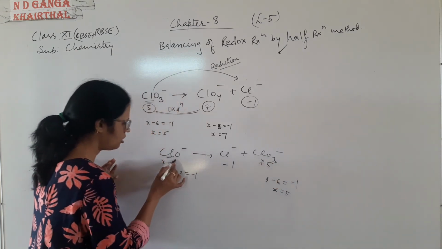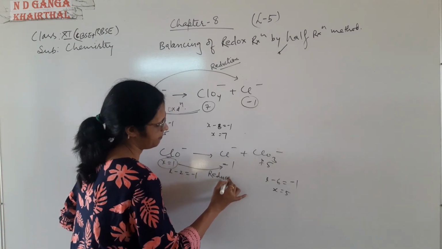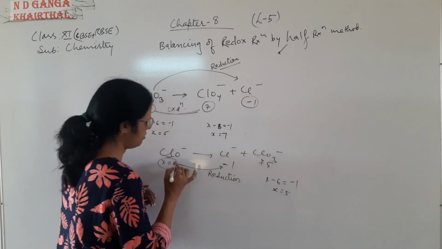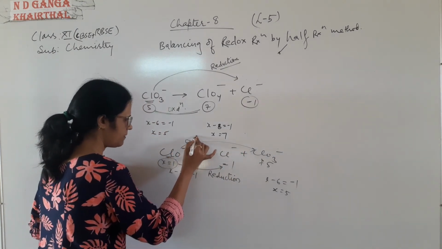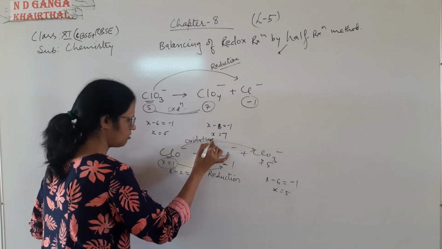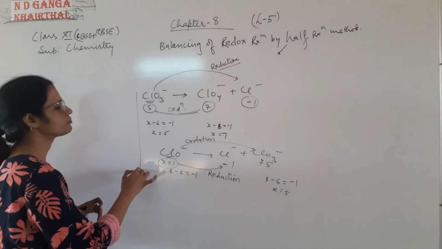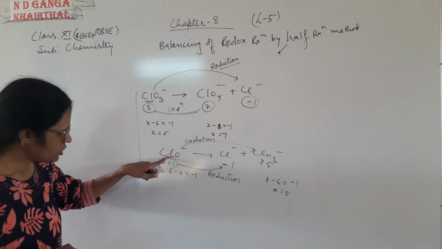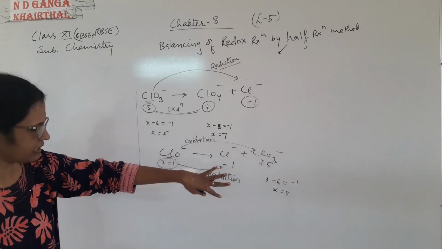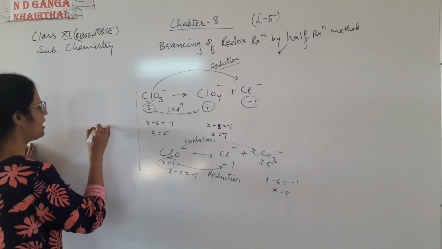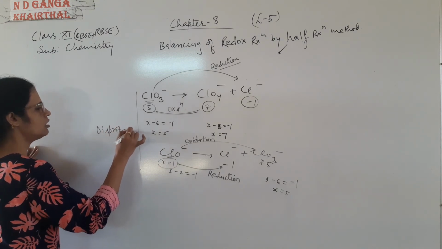So the oxidation number is decreasing, so it is a reduction, and the oxidation number is increasing, so it is an oxidation. A species is oxidizing and reducing simultaneously, so both of these are examples of disproportionation reactions.